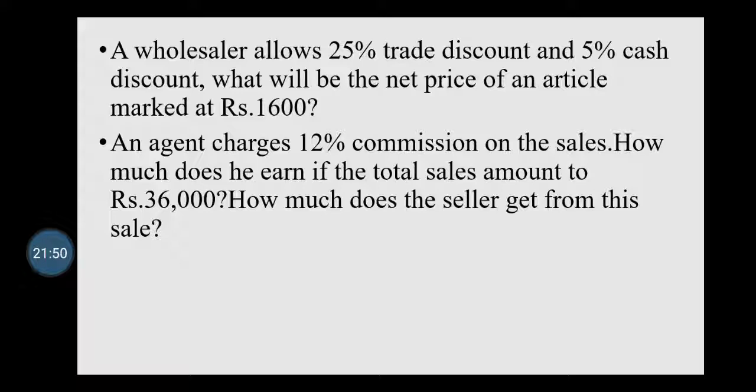Sale is of rupees 36,000. So first you have to find the commission amount of the agent, and that commission amount should be subtracted from this 36,000, and then you will get the amount received by the seller. Okay, is it clear?